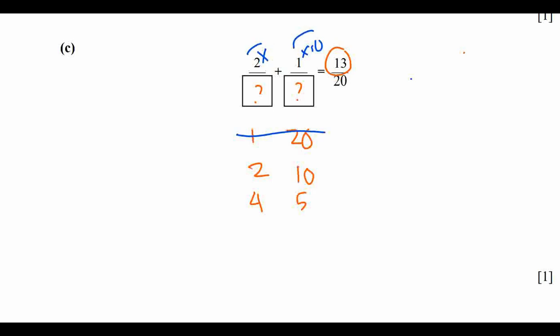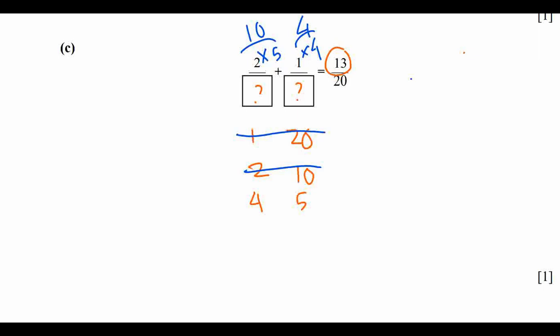Now if we reverse, 2 times 10, 1 times 2 is 20 plus 2 is 22. So this is not the option also. Now let's see 4 and 5. 2 times 5 is 10, 1 times 4 is 4, 14, not 13.